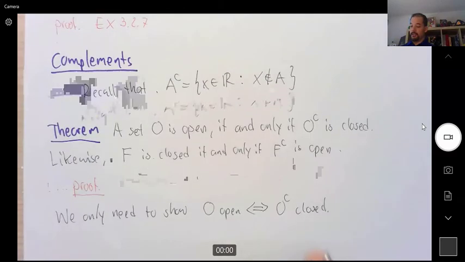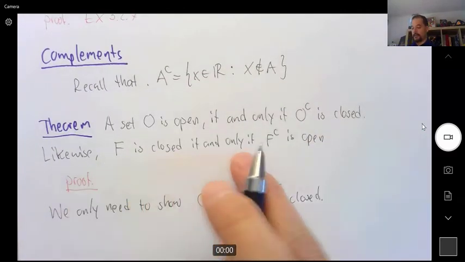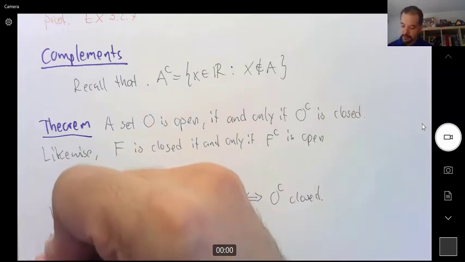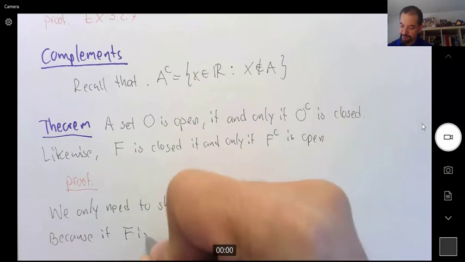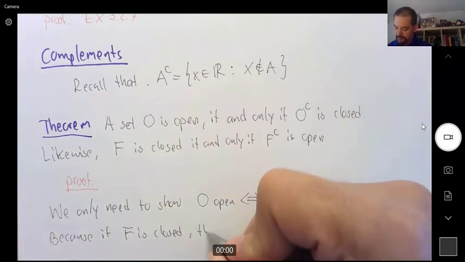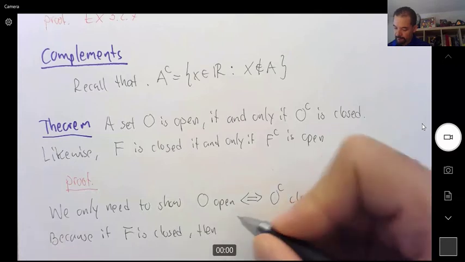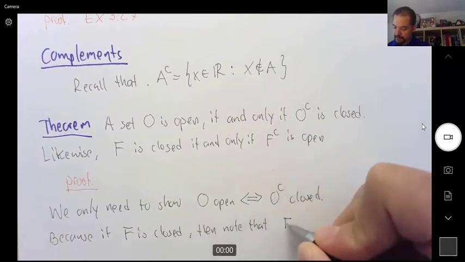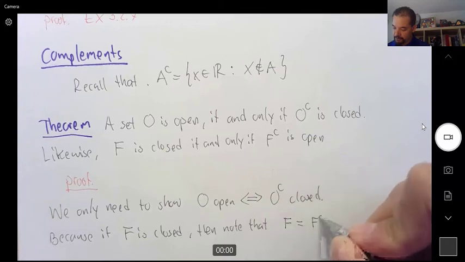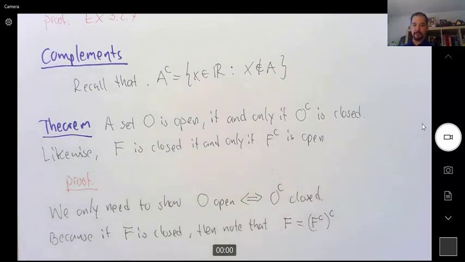If you already knew this and you wanted to check that F is closed, then note that F is the same as F complement complement, right? If you complement and then complement again, you end up right where you started. So the complement of the complement is that set itself.